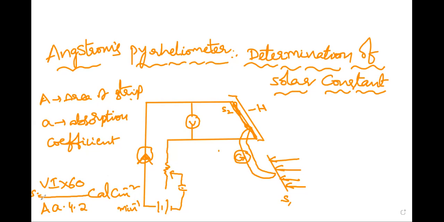This experiment was performed many times on the same day under the same conditions, with different elevations and directions of the sun, and the average value of the solar constant was calculated by performing the experiment throughout the year.